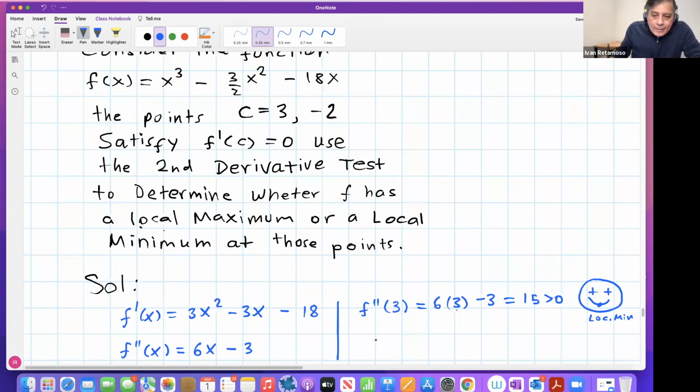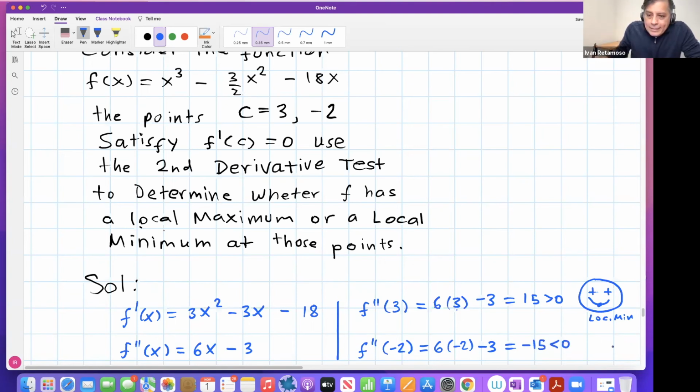Similarly, in order to find out if this other critical point is associated with a local maximum or local minimum, I can use the second derivative test. So evaluate -2 at your second derivative. 6 times -2 minus 3. This is -12 minus 3, -15, which turns out to be negative now.